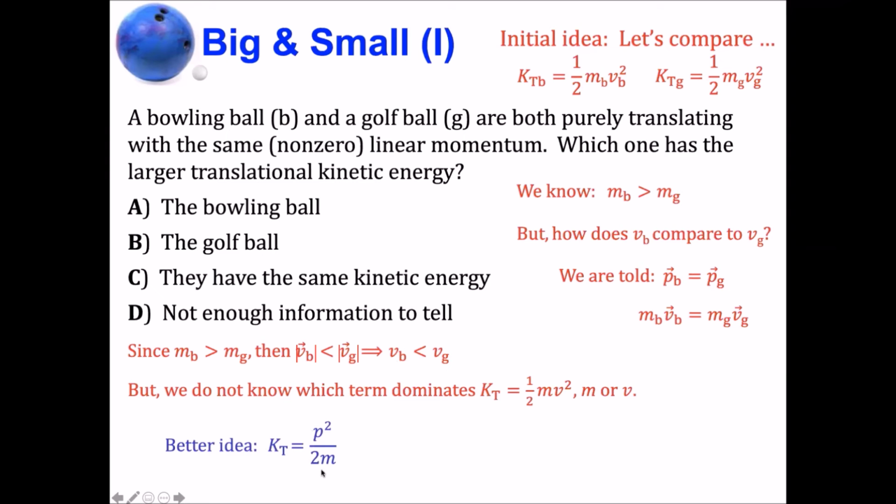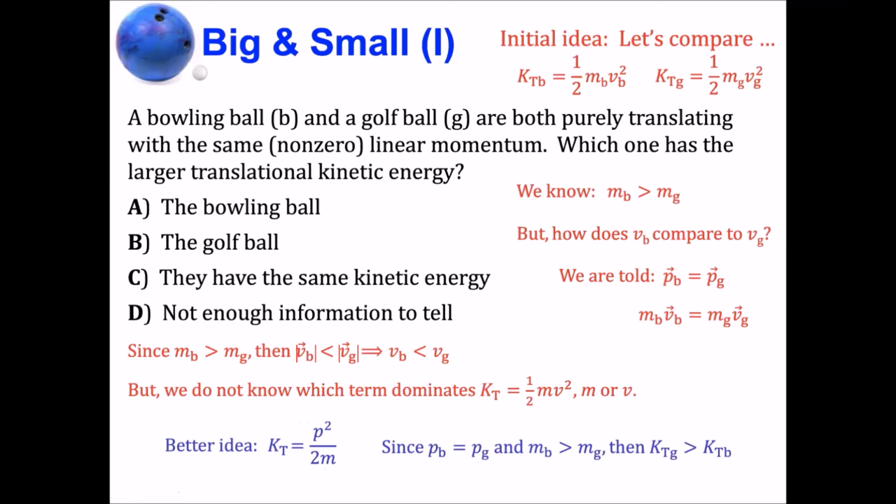When I do that, I notice that since the linear momenta of both the bowling ball and the golf ball are the same, and the mass of the bowling ball is larger than the mass of the golf ball, then p squared is the same for both balls, so the translational kinetic energy of the golf ball must be greater than that of the bowling ball.